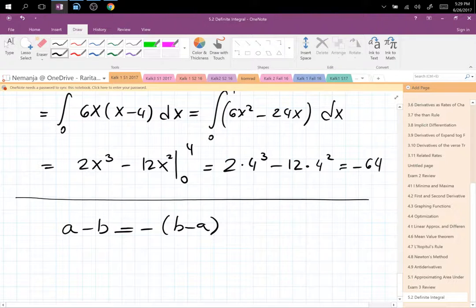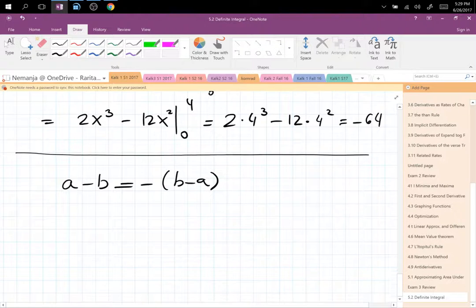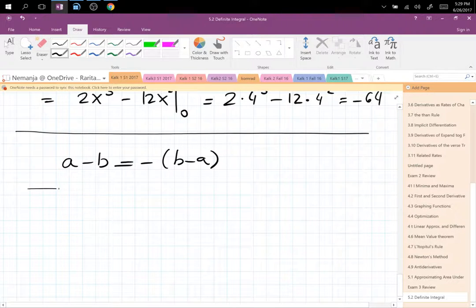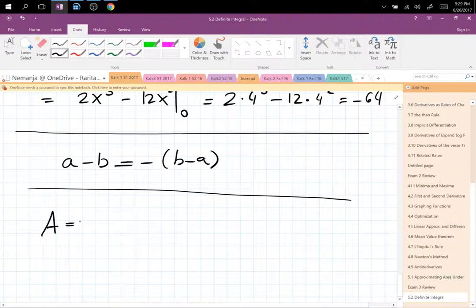So why and when would you split the a and b? Because you will see in the last section 5.5 when we learn substitution, sometimes when you use u substitution, you end up with the limits being a smaller number in the upper limit. Now, remember, the integral is calculating area under the curve. So when you are really trying to learn this, you say integral from a to b.